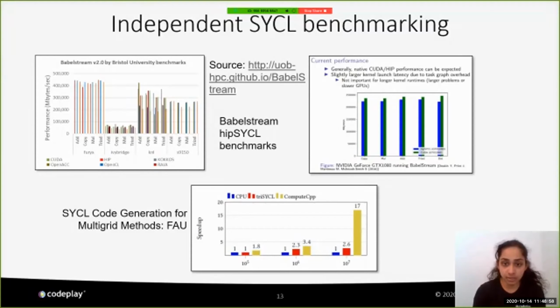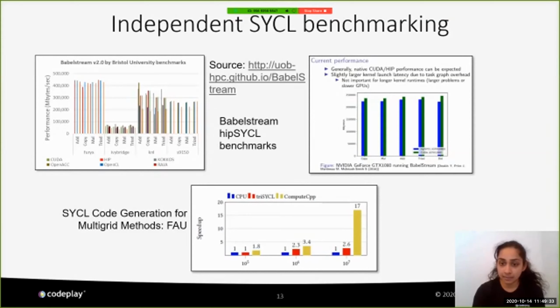The first two graphs represent the BabelStream benchmark. The BabelStream benchmark is used to measure the memory transfer rate to and from capacity memory. This benchmark does not take into consideration the PCIe transfer time. The first graph shows the comparison on different platforms, Ivy Bridge, KNL, and S9150, for different versions of hipSYCL compared with OpenCL, CUDA, OpenACC, as well as Kokkos and RAJA.